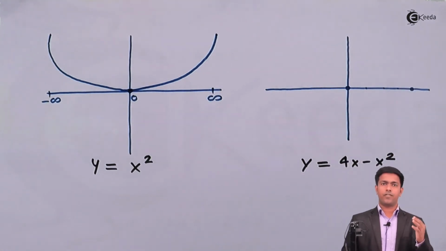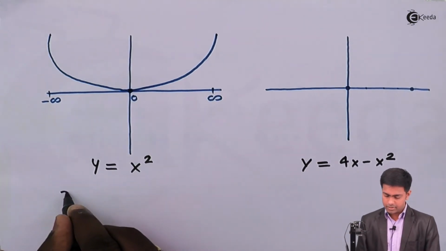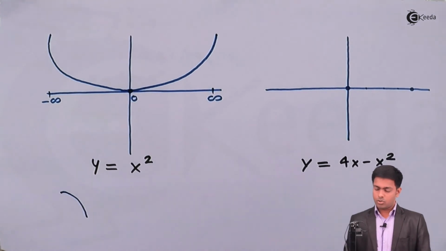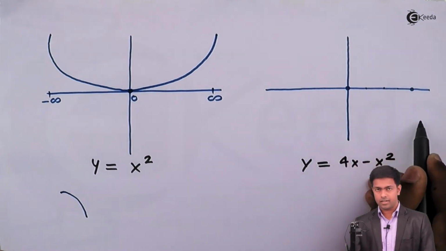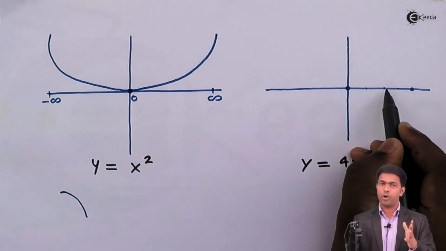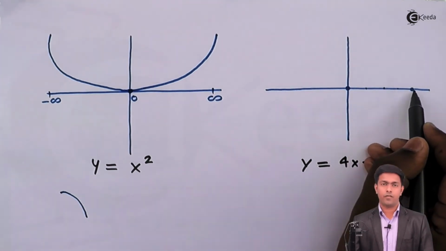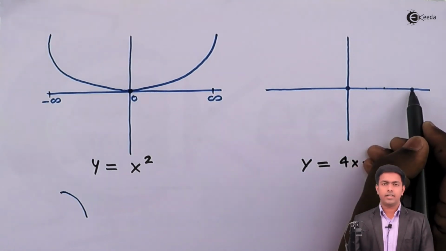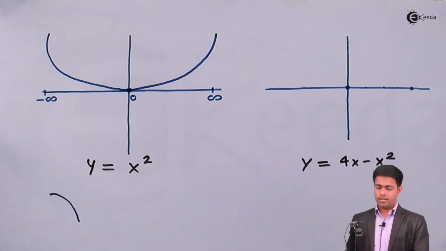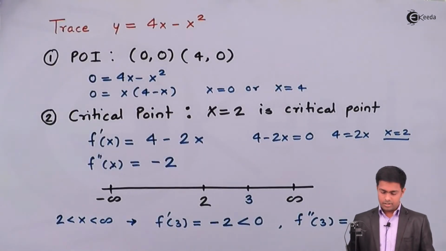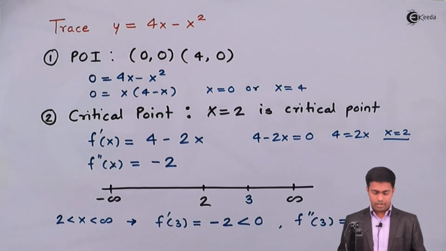It has the nature of concave downwards and decreasing. So it will have a shape like this. So the point is 2, and from 2 to infinity it is decreasing. But guys, 2 is not my point of intersection. My point of intersection is 4. So to get the shape, we will wait for some time and we'll get the shape of the curve between 2 and negative infinity. So let's go for that.